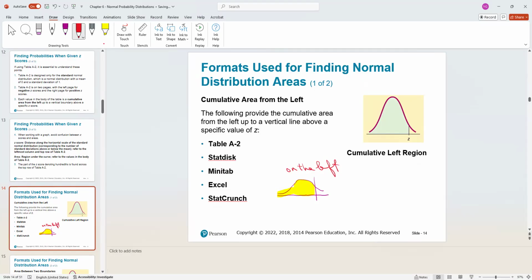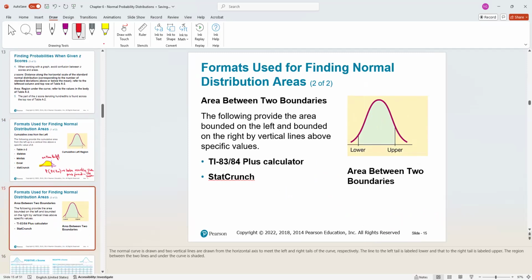On the left, let's say probability that Z is less than Z naught. I'm going to put Z naught for you. Take exactly the probability found in the table when you are on the left.